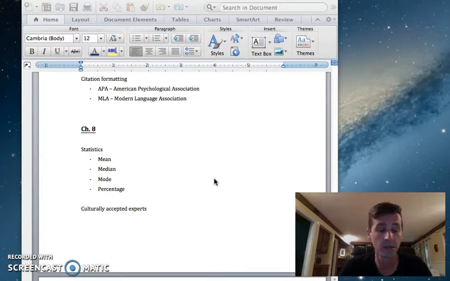The mode is the most commonly appearing number in a set of numbers. And then finally the percentage. You guys I think know what a percentage is, but we define it as showing the relationship of a part to the whole. Obviously we use the number 100 to represent the whole. So 50% would be 50 out of 100.